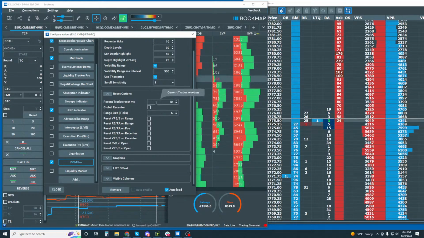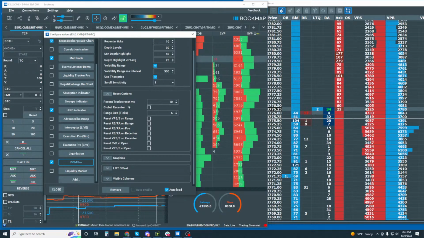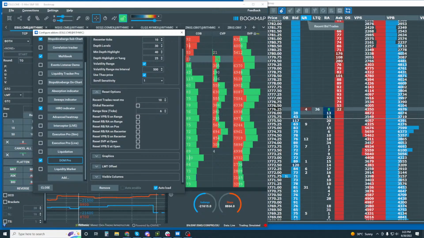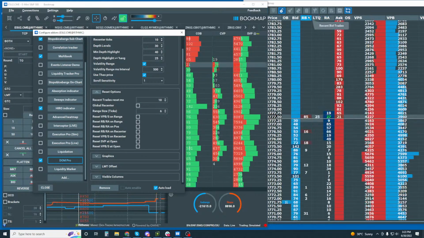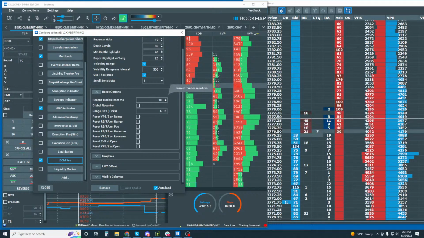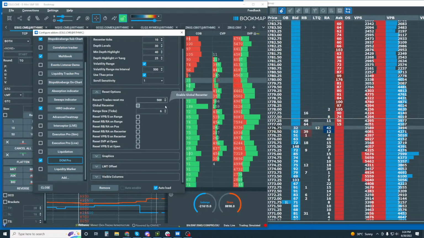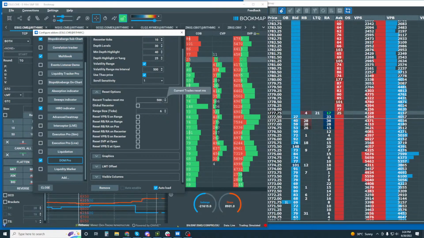Absolutely. Okay, so the recent trades reset here. You're talking about the RB and the RA areas here. Yeah, right now you have it set at 10 milliseconds, so you should put that around, I would say, 500 milliseconds. Or 1500. 1500 would be a second and a half.